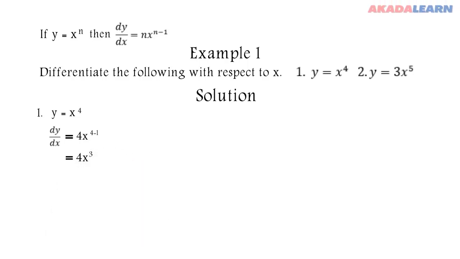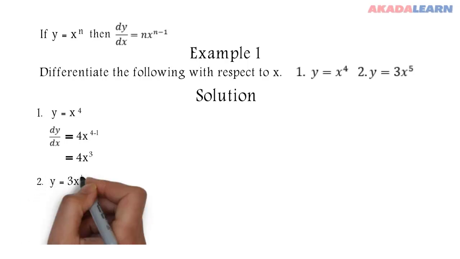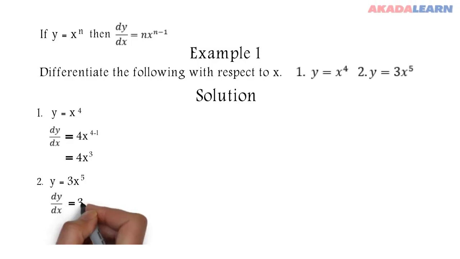So even if we use the first principle approach, this is what you are going to get at the end of the day. So let's see the second one, 3x raised to the power of 5. The 3 there is a constant, so we will rewrite it. So dy/dx will be equal to 3. What we are actually going to be differentiating there is x raised to the power of 5.